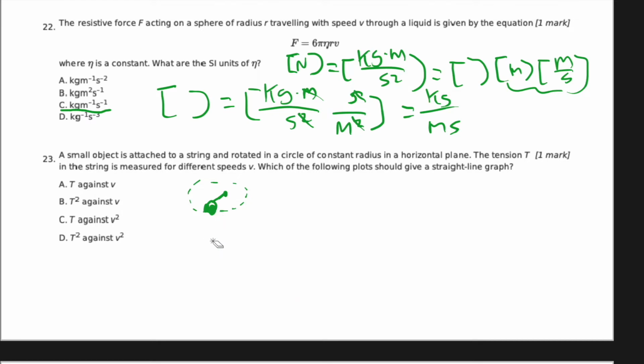So let me redraw this picture. T in this case is the centripetal force, which is equal to m v squared over r. So which of the following should give a straight line graph?